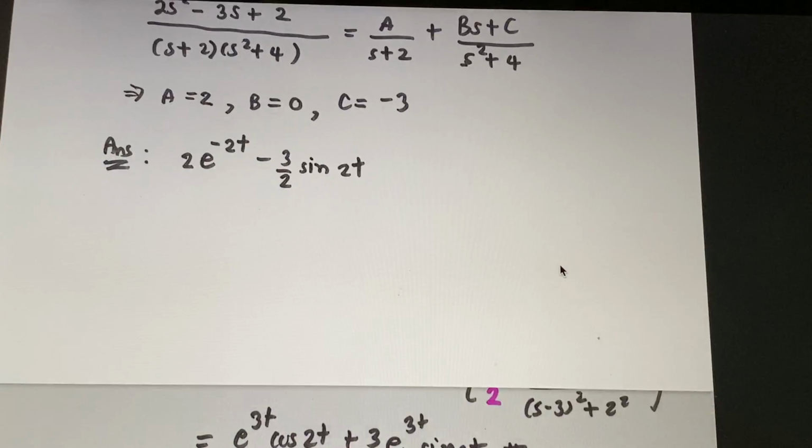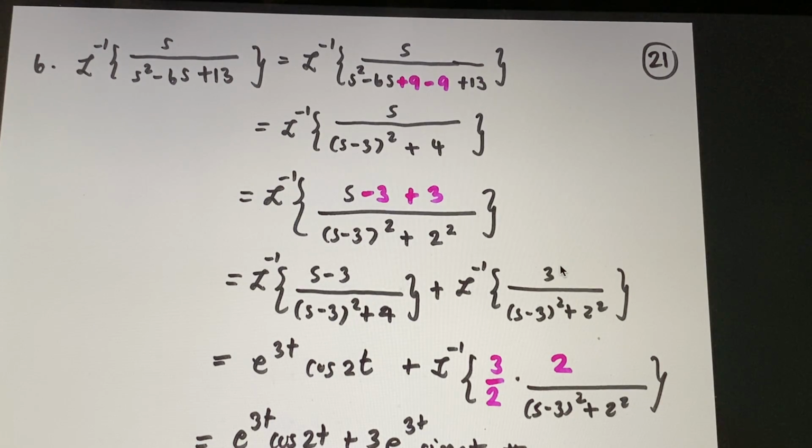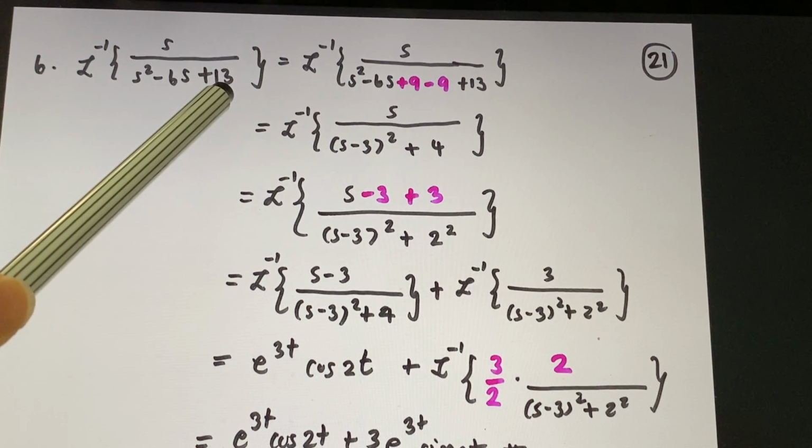I think I have one last example for you. I would like you to find the inverse Laplace of s over s squared minus 6s plus 13.